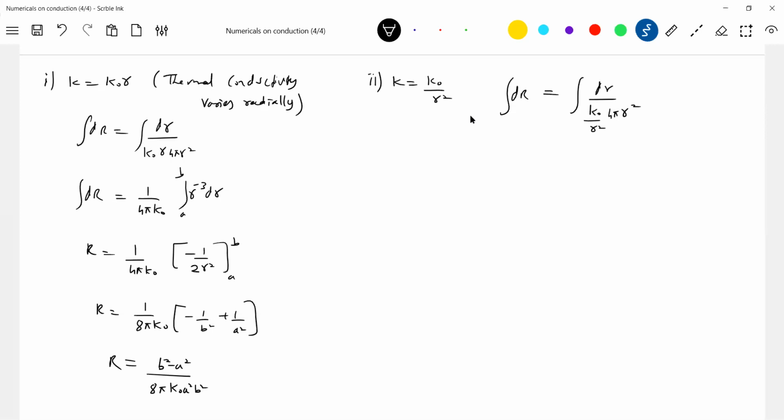So this will get eliminated. dr is equal to 1 by 4 pi k naught. The r square cancels, so dr. The rest is just b minus a.